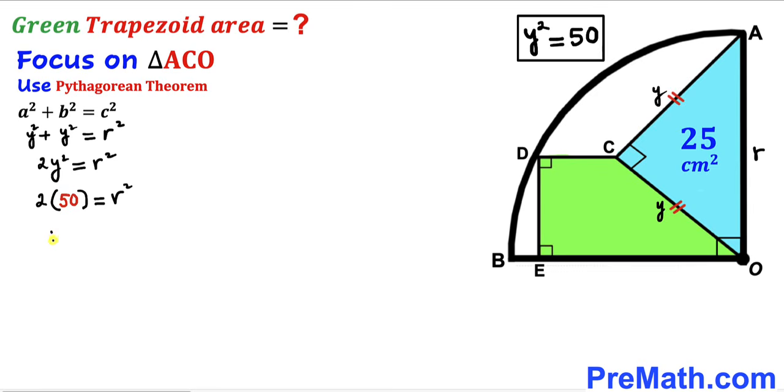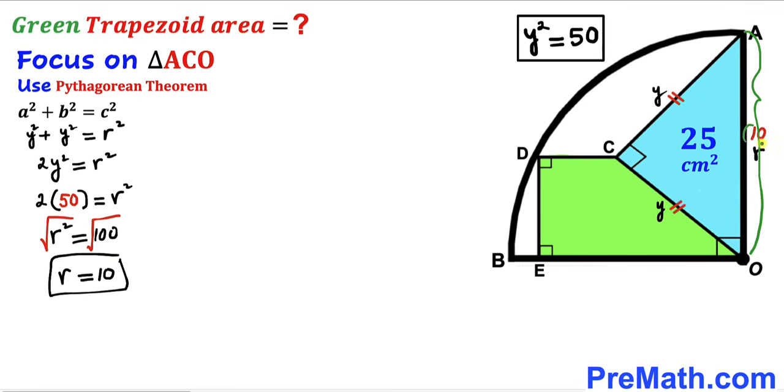Therefore our r square value turns out to be 100. Now I'm going to undo this square by taking a square root on both sides. So we can see our radius lowercase r turns out to be 10 centimeter.